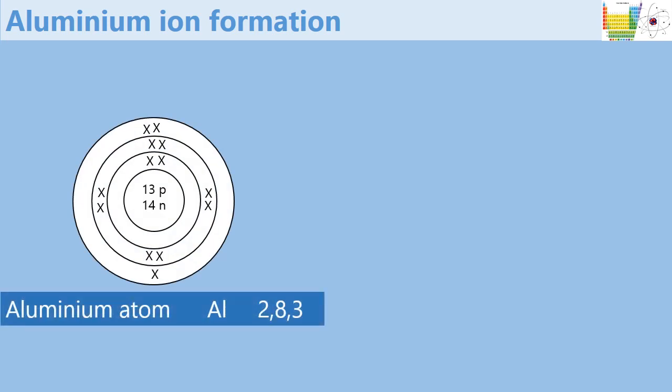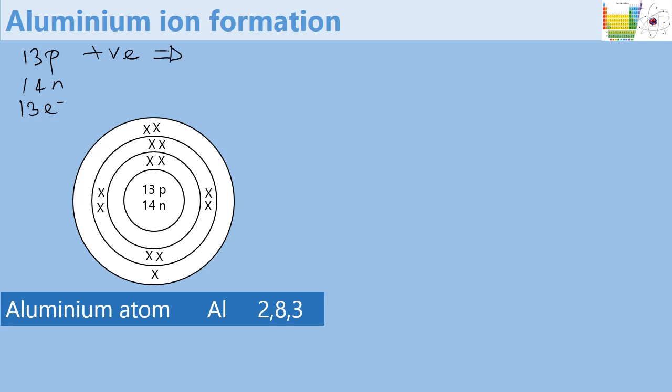We always have to start with the atom. Aluminium atom has 13 protons. It has 14 neutrons and 13 electrons. The protons have a positive charge.